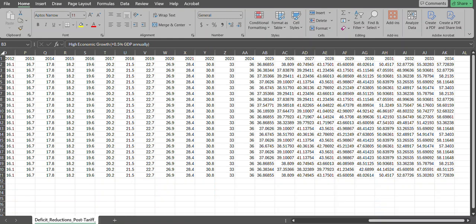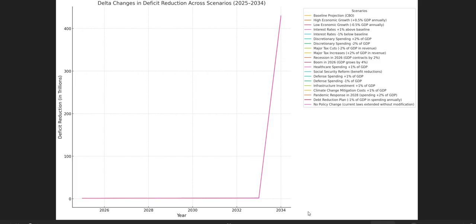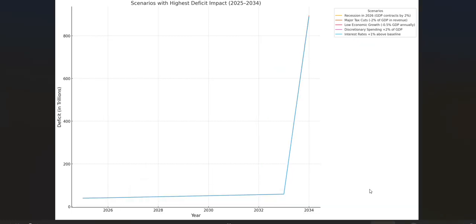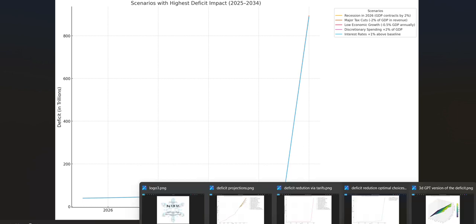And over here, we've seen the different scenarios. This is the interest impact of those scenarios and how they affect each of them. These are the optimal choices that has been calculated by ChatGPT, and they tie in obviously with the visual calculation.